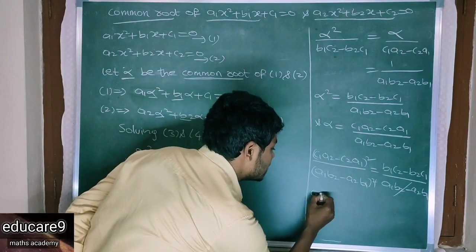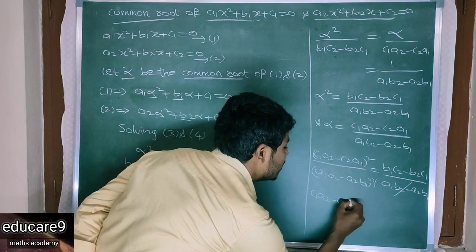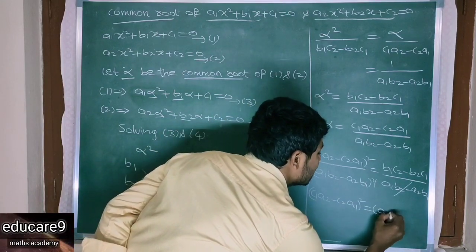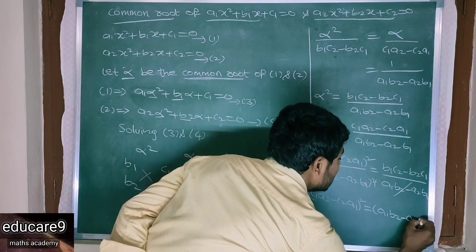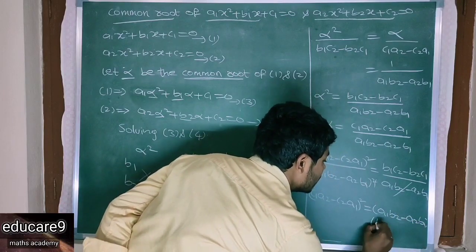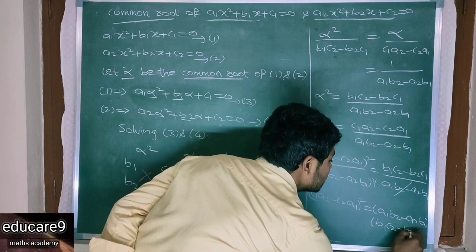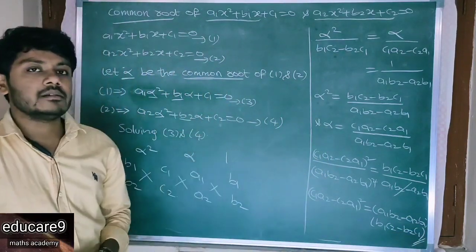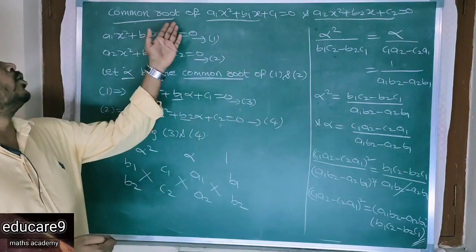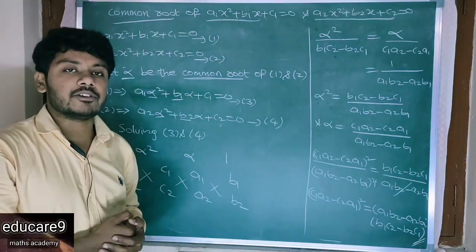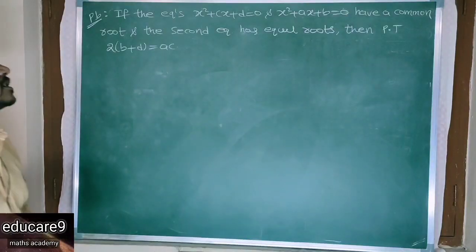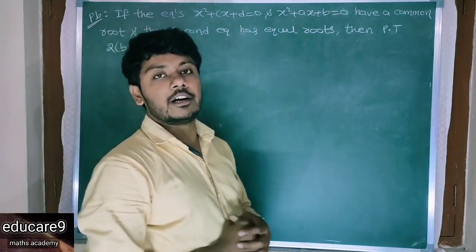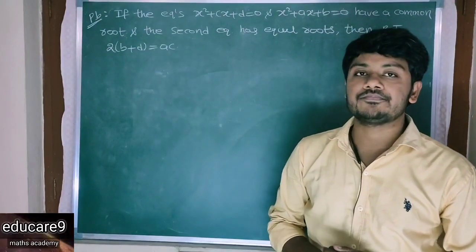Now you will get c1 a2 minus c2 a1 whole square is equal to a1 b2 minus a2 b1 into b1 c2 minus b2 c1. So this is the required condition if one root of both quadratic equations is the same. See here, next problem. So this is the example of the common root concept.